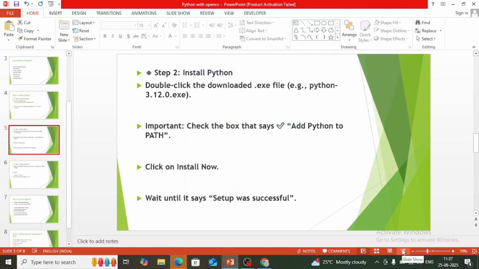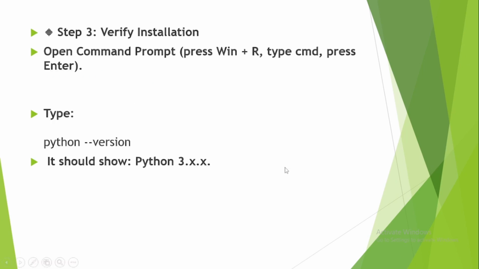Here we have installed Python, but we need to cross check, or verify, that installation. To verify the installation, we need to open the command prompt. We can open it by pressing Win plus R, typing cmd, and pressing Enter. After opening the command prompt, we have to type python --version. It will show you which Python version is installed.